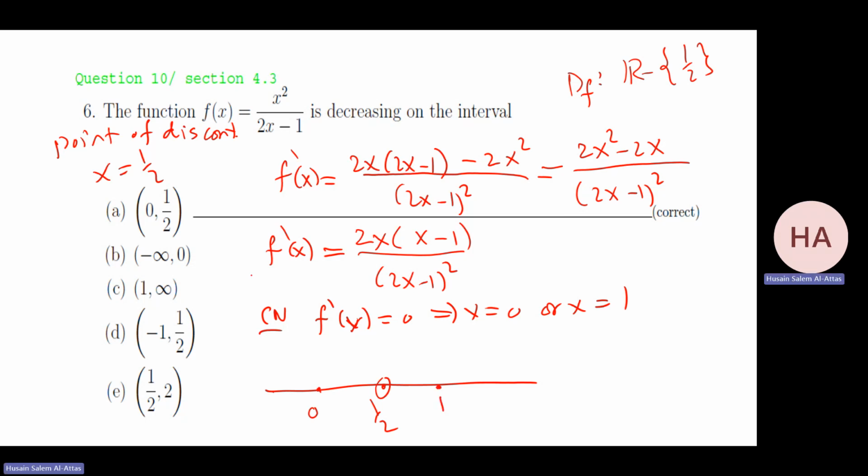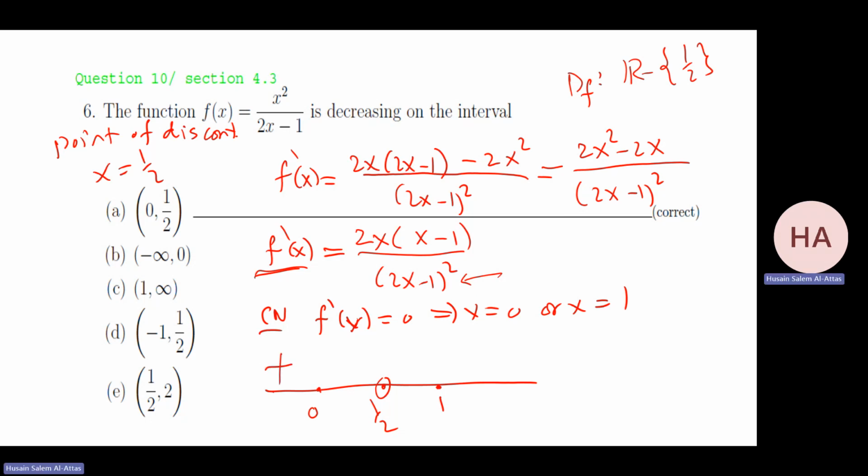I want to check the sign of this f prime. Take a value, -1. It will be negative, negative. This is always non-negative, or always positive, since I don't have x equal half. So that will be positive.